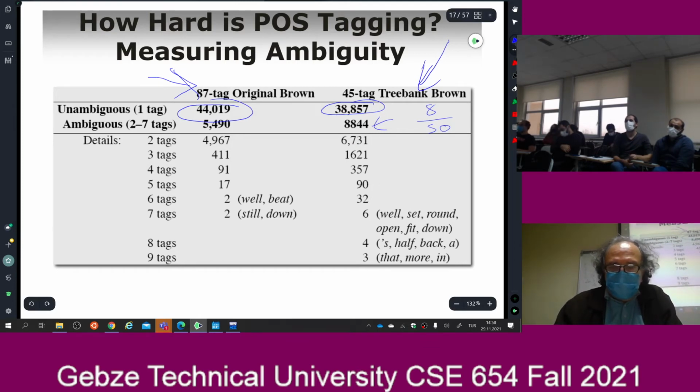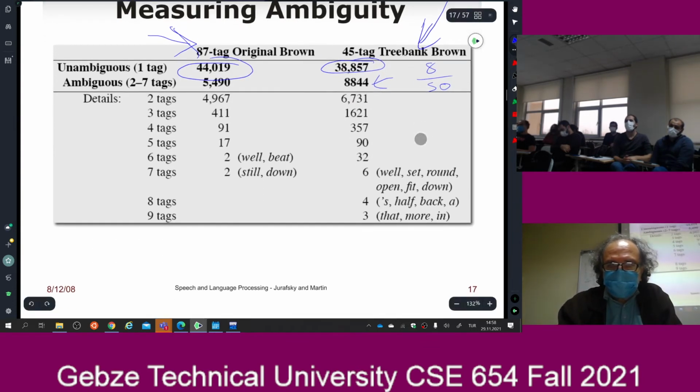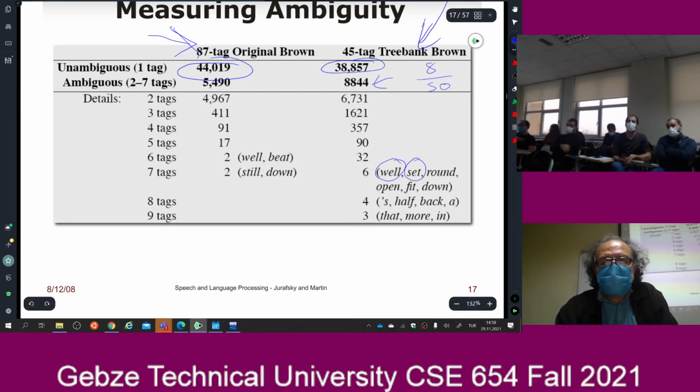And if you look at this one, the word well has 6 different tags. Sorry, 7.